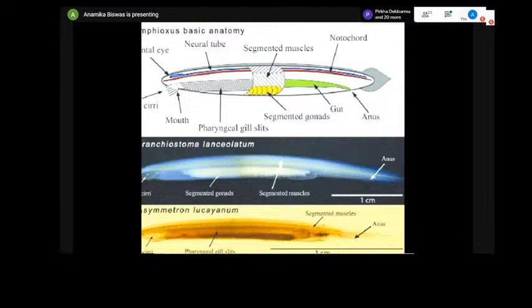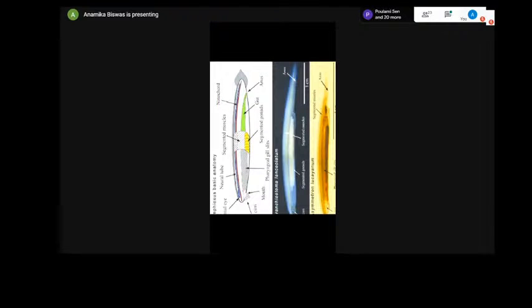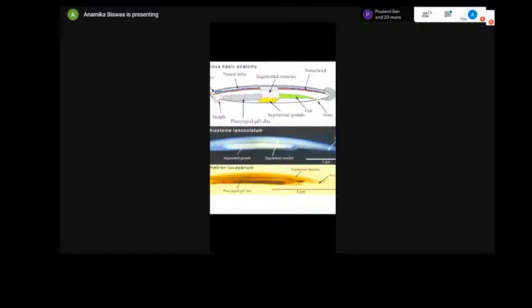Next important group is called vertebrata. Vertebrata represent advanced or higher chordates, which include vertebrates or craniates. In case of vertebrata, notochord is present in the embryonic stage only. In adults, it is replaced by the vertebral column.